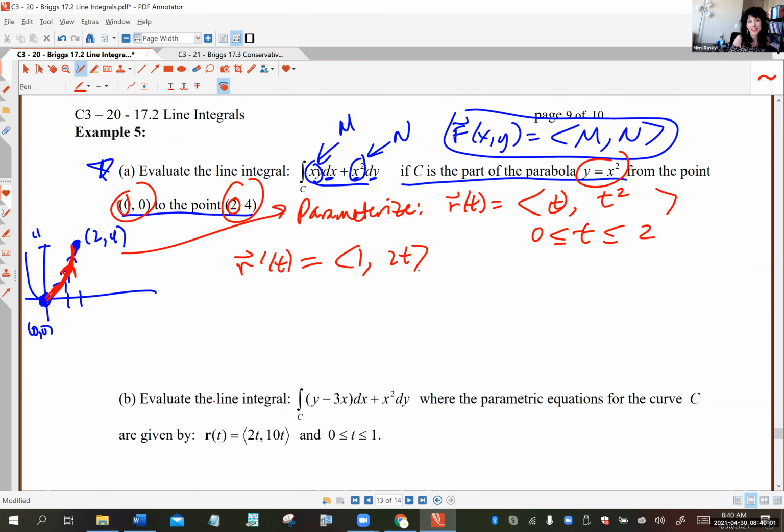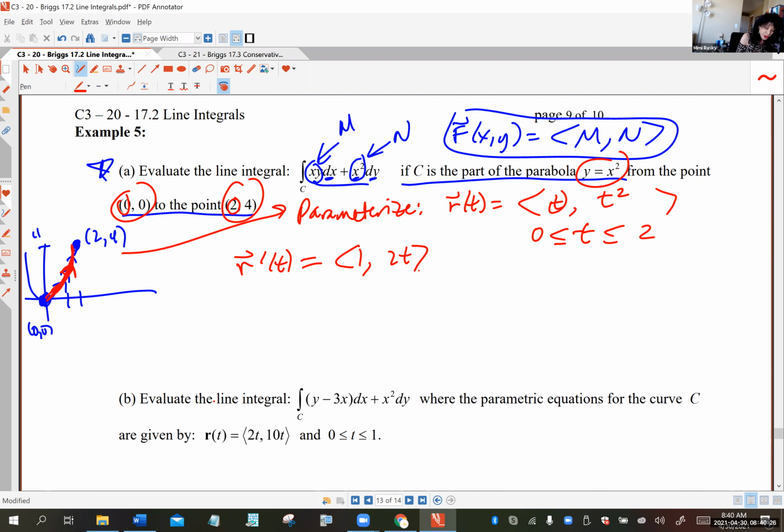It's required. You've got to get your r prime. But the good news is you don't have to get speed. You know how on the scalar line integrals, you had to go find the magnitude of r prime? You do not need to do that for a type 2 or type 3, because remember it canceled? I did the derivation for you last time. That magnitude canceled. So you don't need to find that. Yay! One less thing to do.